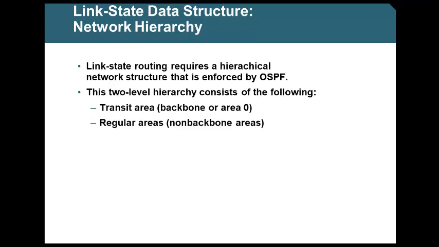Mandatory. Without the backbone area, the non-backbone areas cannot form adjacency, cannot share any routes. Backbone area is compulsory, mandatory, important. Without that, two non-backbone areas cannot share any route updates because they cannot form neighbors.